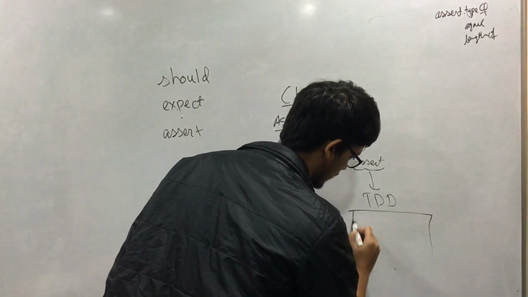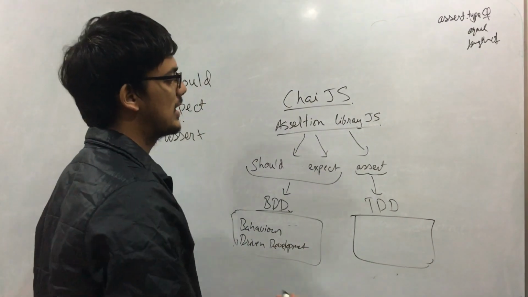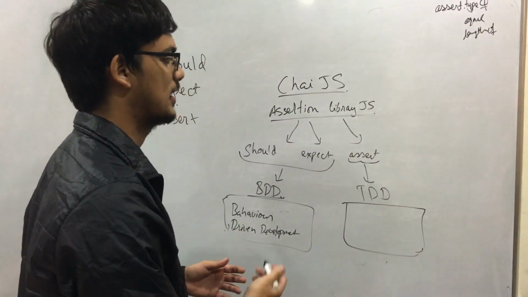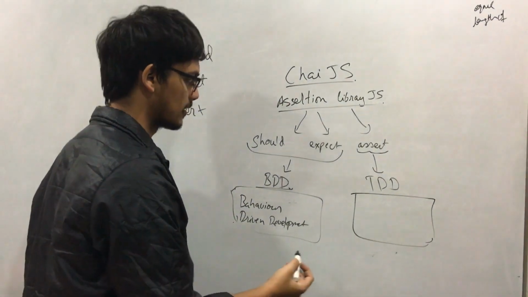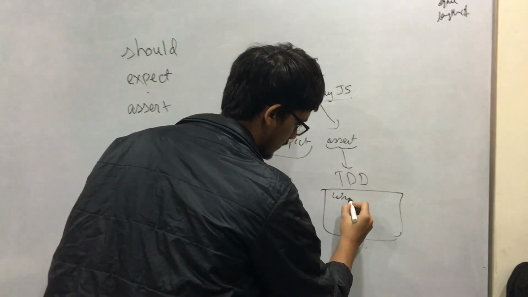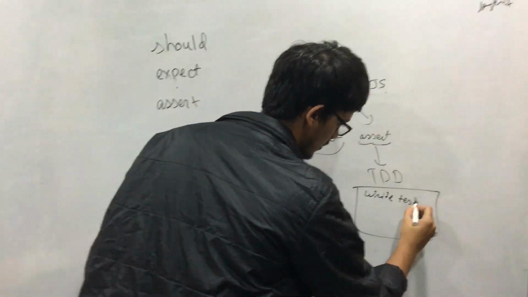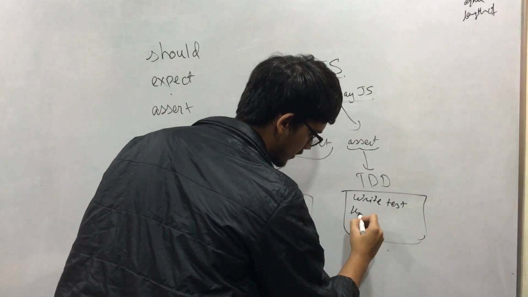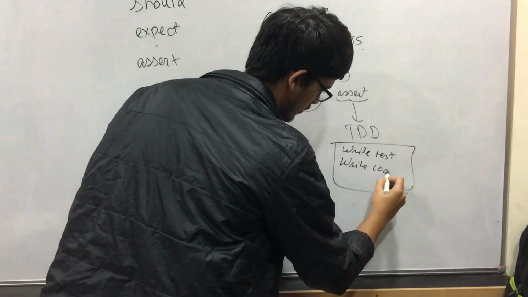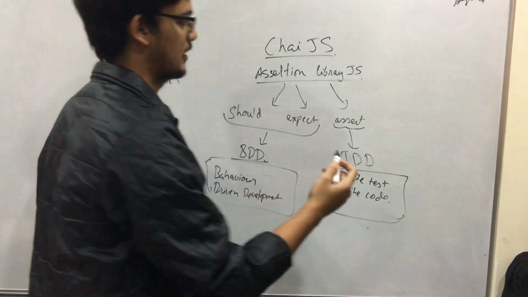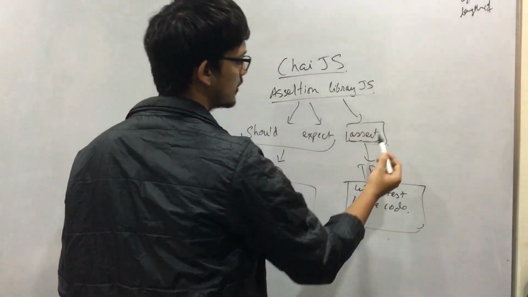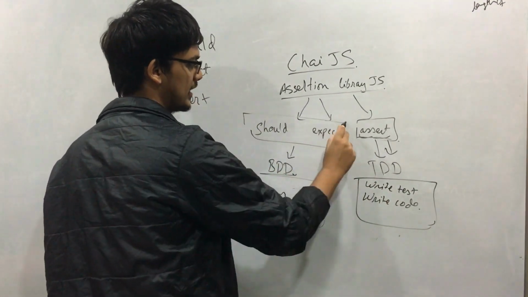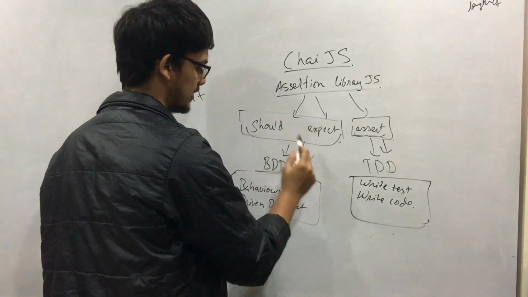And in TDD, you are forced to write the test cases first and make them fail, and then write the code and then see them pass the test cases. Write test cases first and then write the code. So Chai.js gives you the function called assert to be used with the TDD style of development, and should and expect with the BDD type of testing.